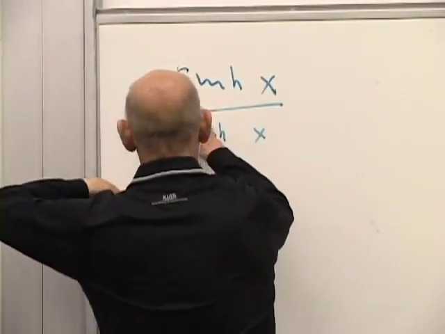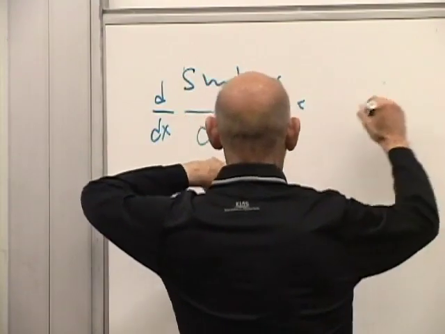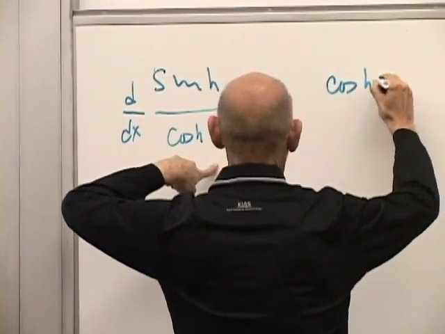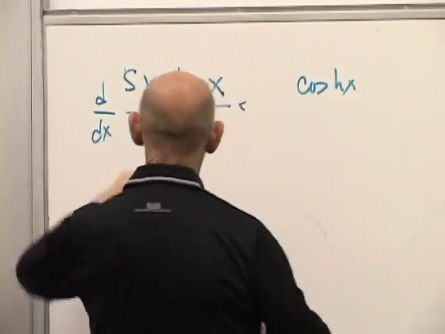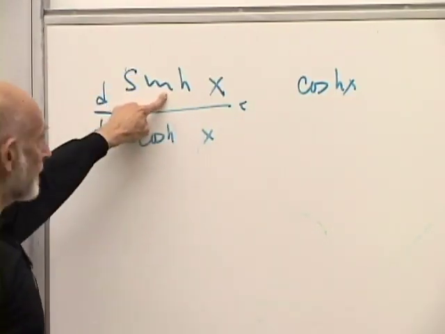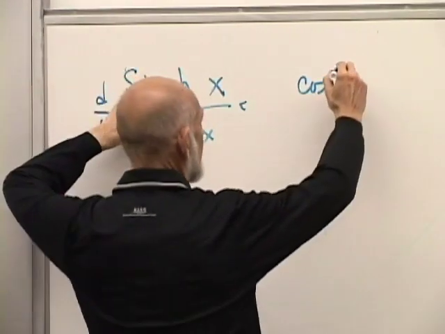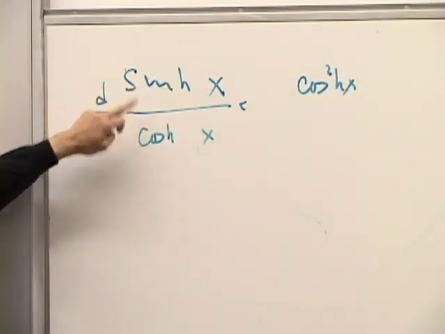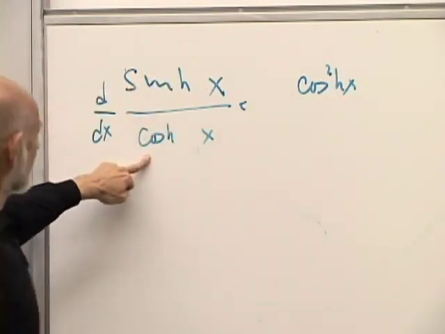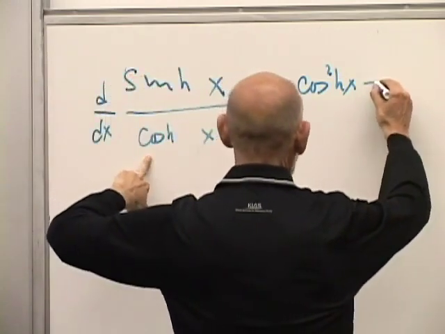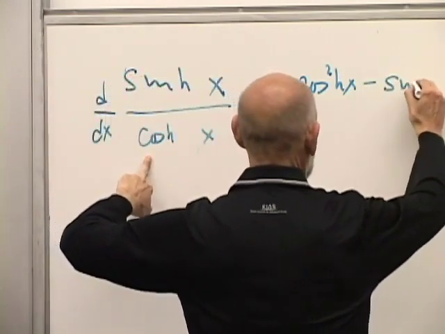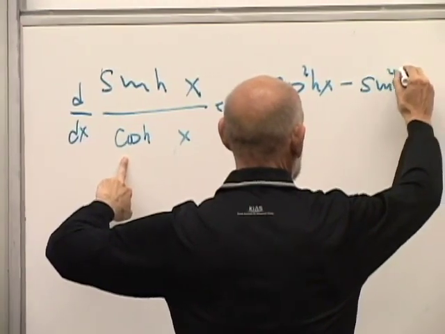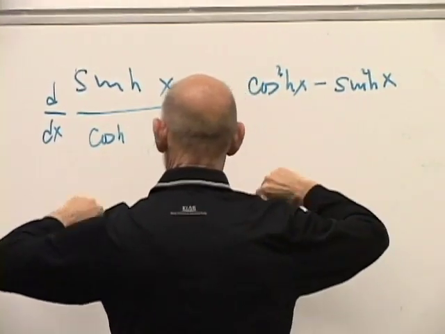Derivative of this with respect to x is equal to the denominator cosh x times the derivative of the numerator. The derivative of the numerator is also cosh x, so cosh squared x, minus the numerator times the derivative of the denominator. So I think that should be minus sinh squared x, plus or minus. We'll see in a minute.